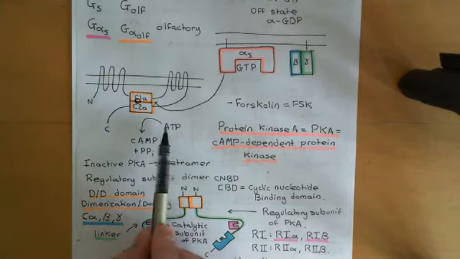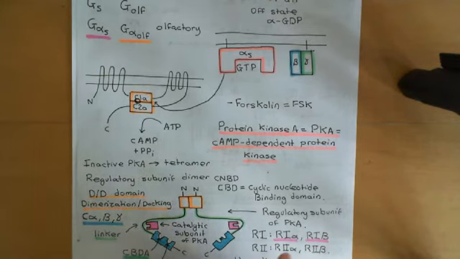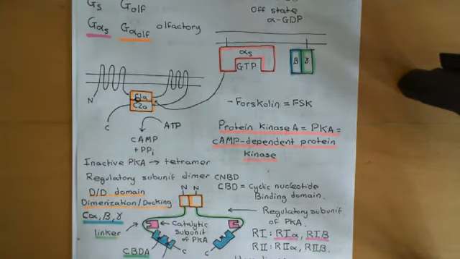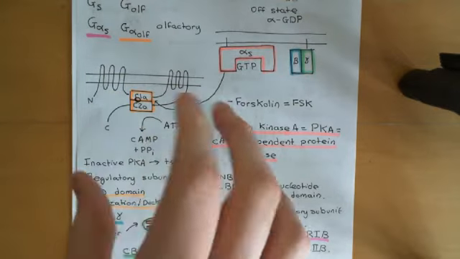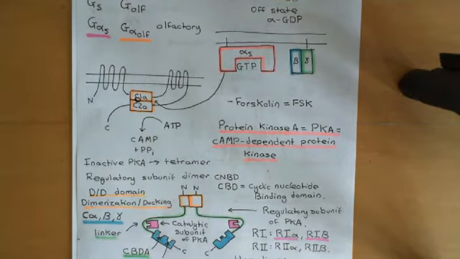It can catalyze the conversion of ATP into cyclic AMP and pyrophosphate, but once it's finished, it can do it all over again. So you can produce loads of cyclic AMP. So that's the second site of amplification. The first site was that we got a lot of GS being activated by a single GPCR. Now we're getting that one adenylyl cyclase can produce loads of cyclic AMP. So this is also multiplying up the signal, basically amplifying up the signal.